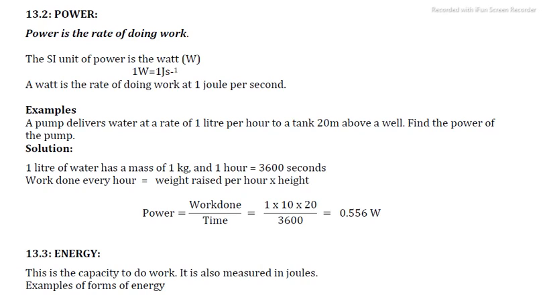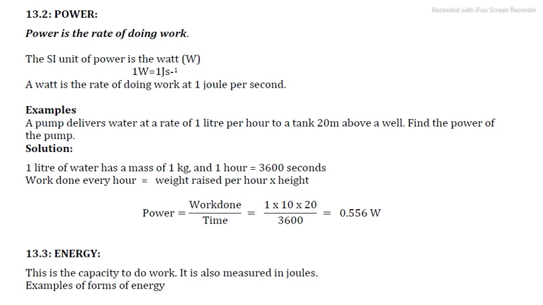To get the weight, we multiply the 1 kilogram by 10, which gives us 10 newtons, and to get work done, we multiply the 10 newtons times the height, which is 20 meters, giving us 200 joules. And to get power, we divide the 200 joules by 3600 seconds, which are equivalent to 1 hour, to give us the power as 0.556 watts.